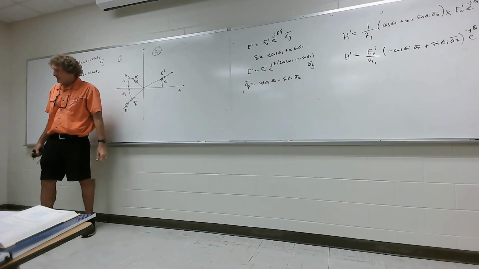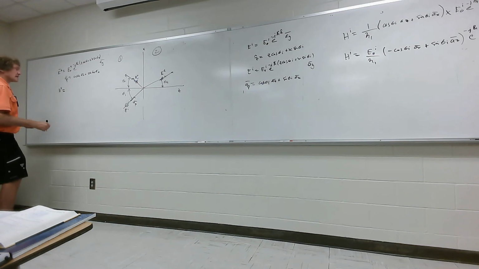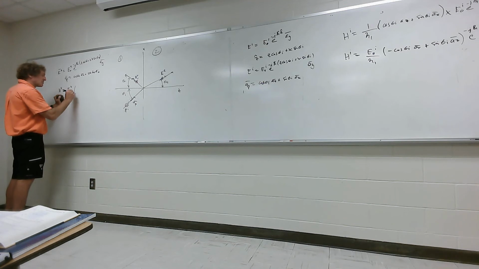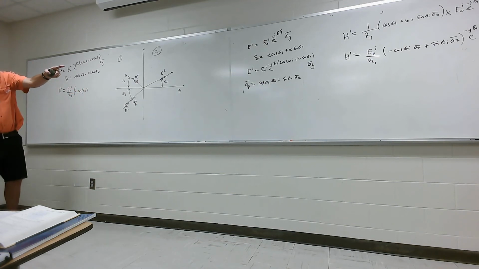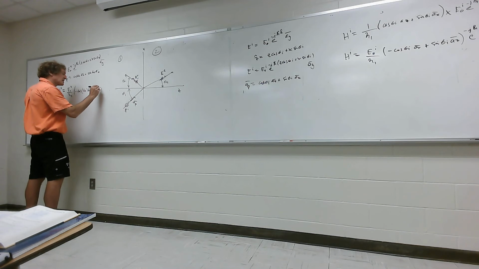Will the signs all be the same then? The signs are, that's the thing. So over here, what do I get? For the transmitted H field, now I get E naught transmitted over eta 2. Now I get minus cosine of theta transmitted a_x plus the sine of theta transmitted a_z.